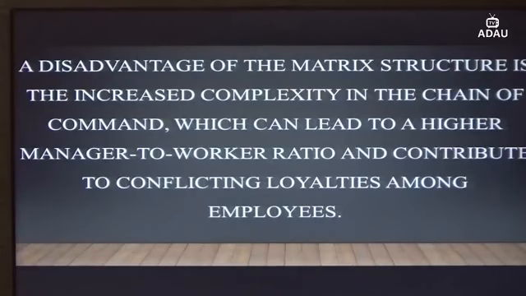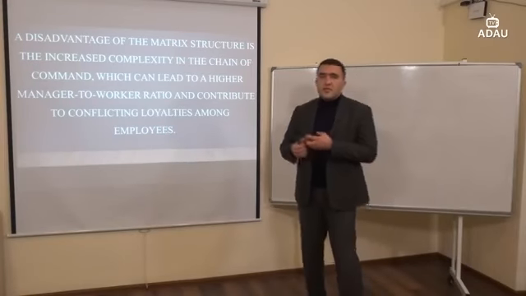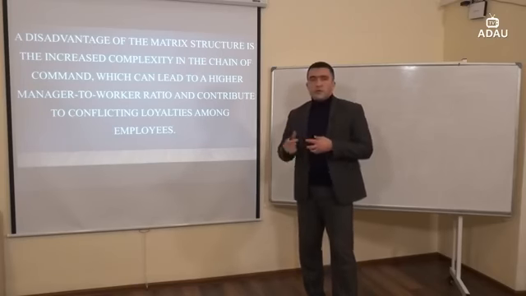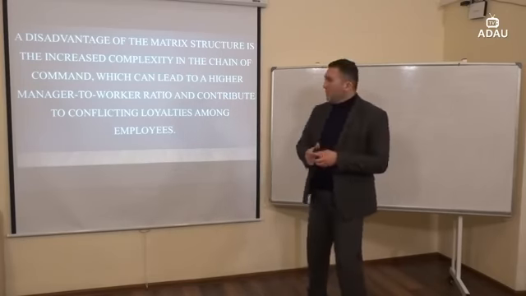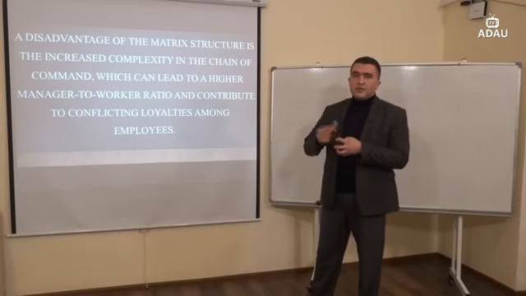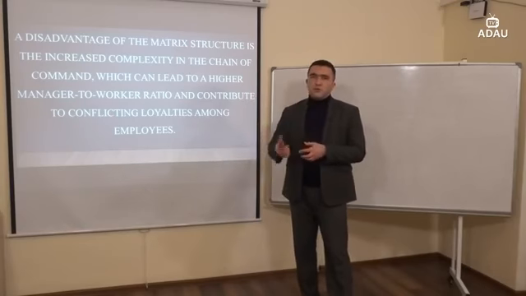The disadvantage of this type of matrix structure is increasing complexity in the chain of command, which can lead to a higher manager-worker ratio and contribute to conflict between the different managers and between managers and employees.